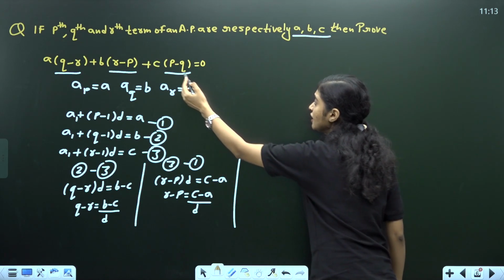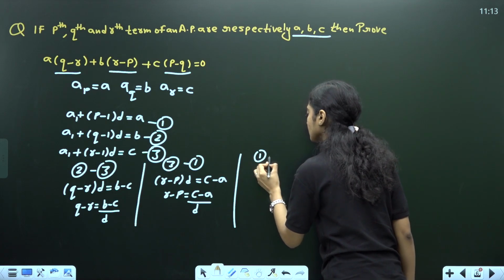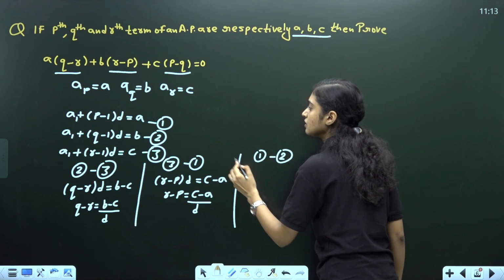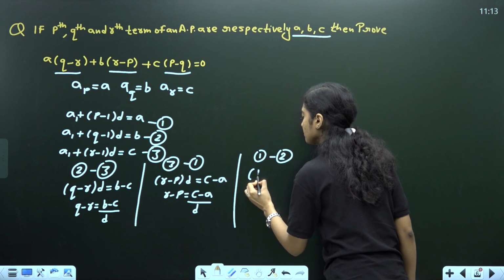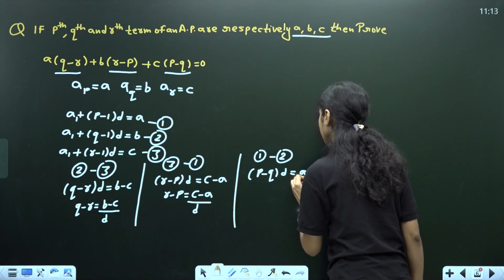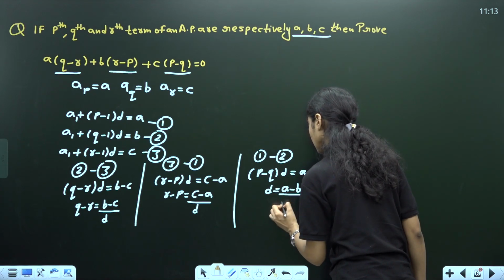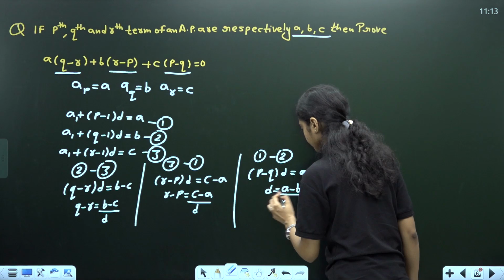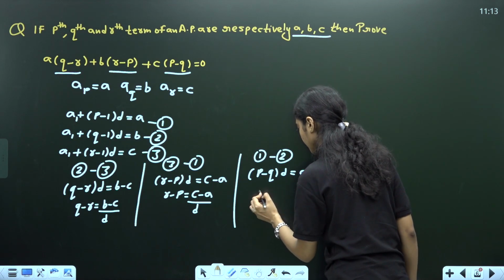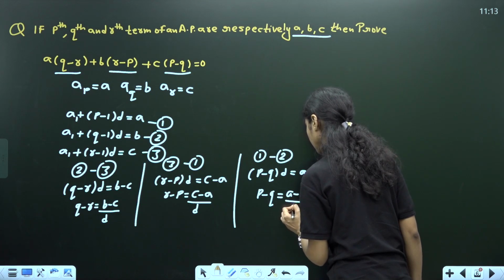Now for p minus q, (p minus q) d equals a minus b. We want to find the value of p minus q, so it is (a minus b) by d.